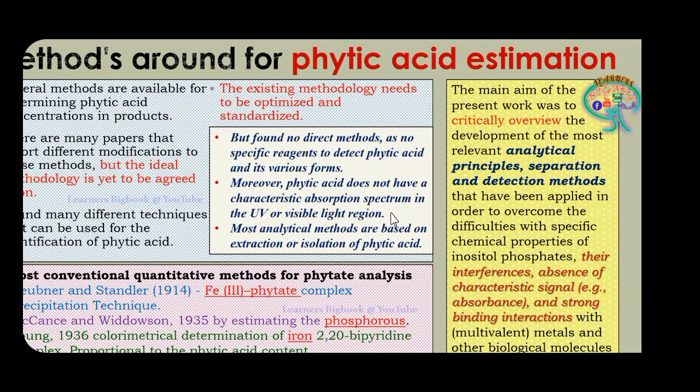In many colorimetric methods, whatever component we are estimating will have a spectrum where we can read that particular reacted component and estimate it. But here it is not so, as phytic acid lacks that characteristic absorption spectrum, so it does not give any reading.